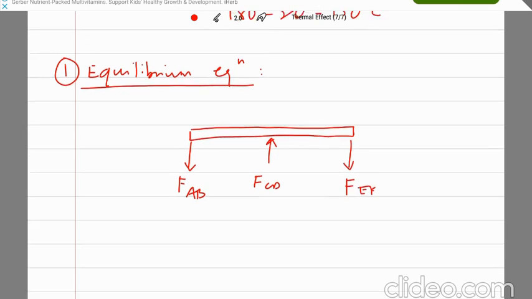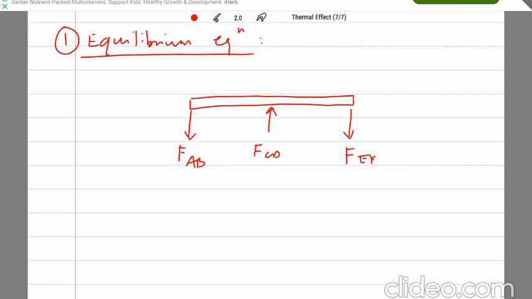So write the equilibrium equation. Okay, assume that outward is positive. Negative FAB minus FEF plus FCD equal to 0.